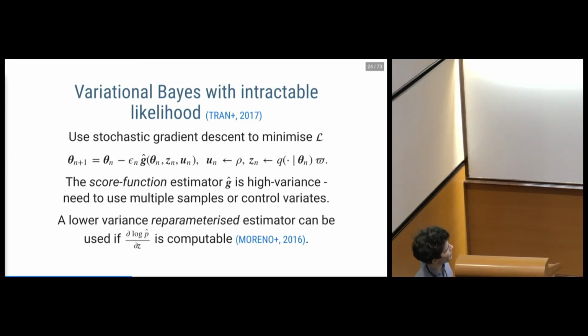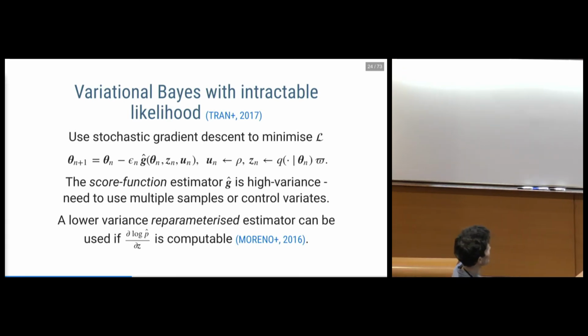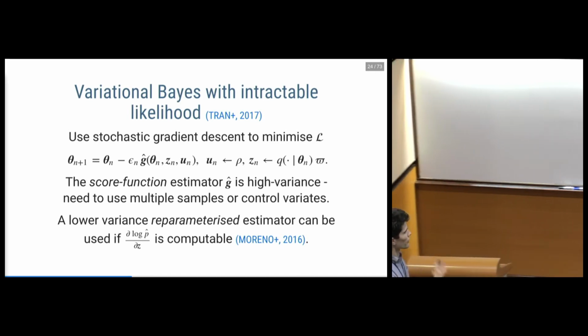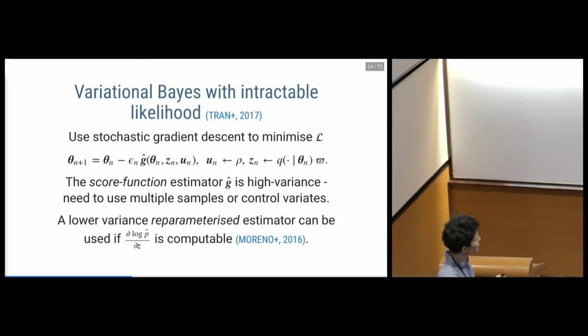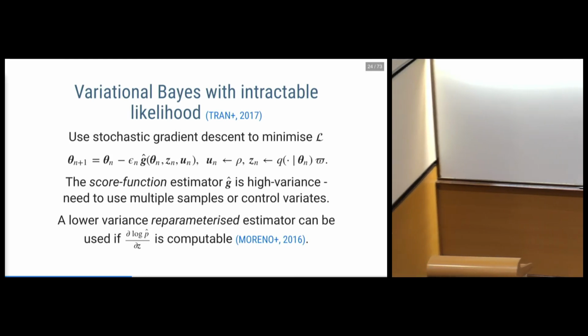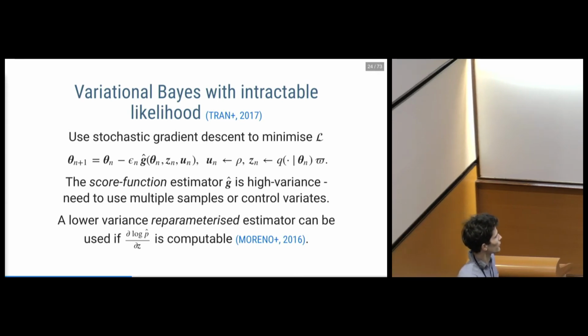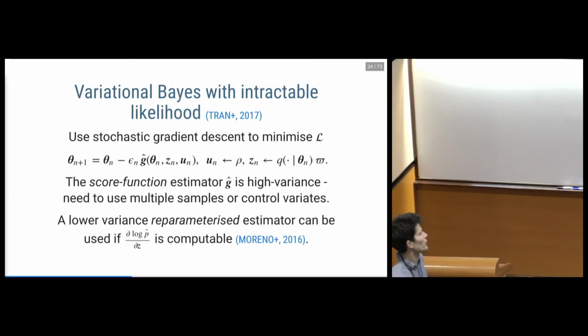So if this is some complex estimator, which maybe involves, in an ABC setting, some sort of simulator, or it might involve, say, some particle filtering algorithm, it's not clear that we'll always be able to compute derivatives. But if we assume that we can do that and that we can reparameterize our variational distribution, then there is this class of lower variance estimators that we can use.